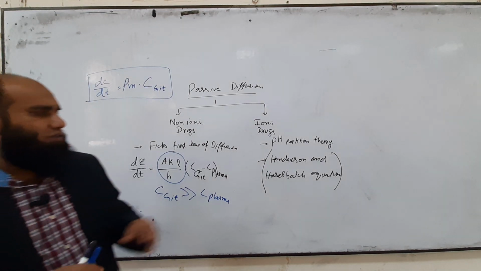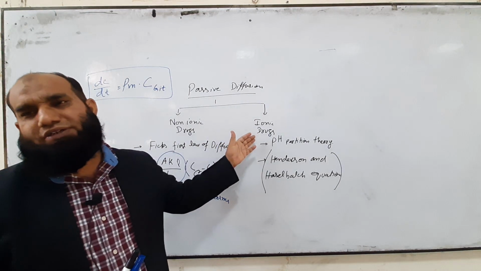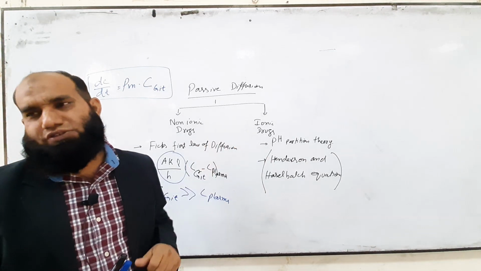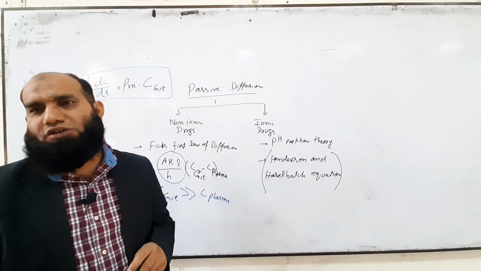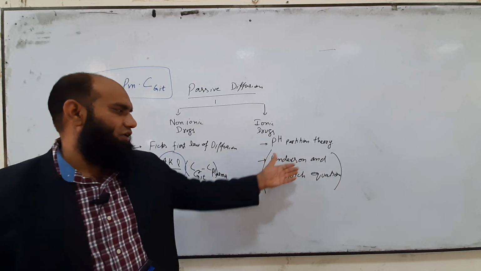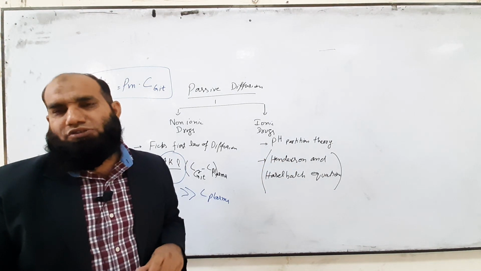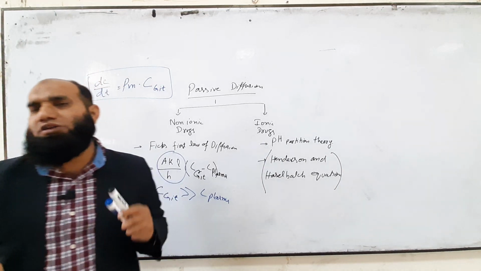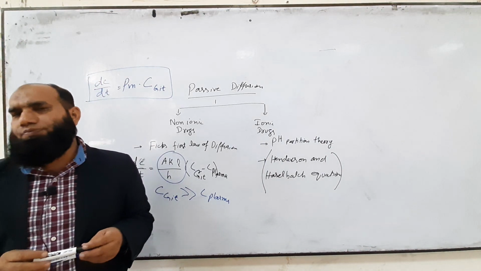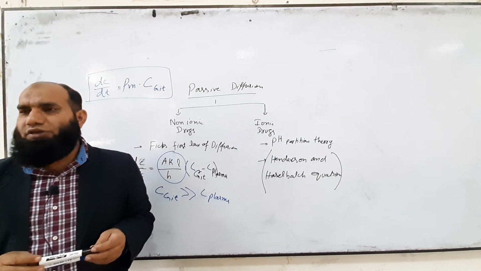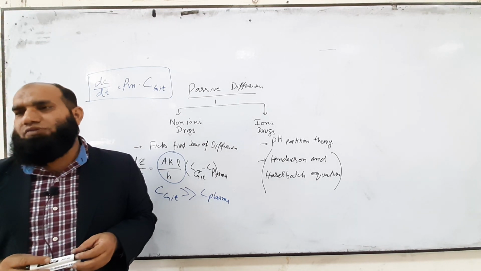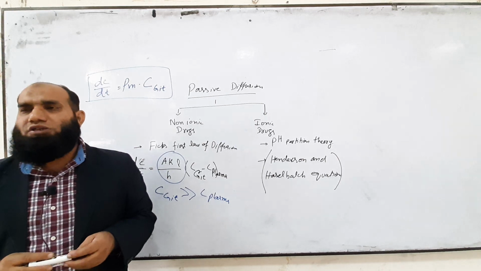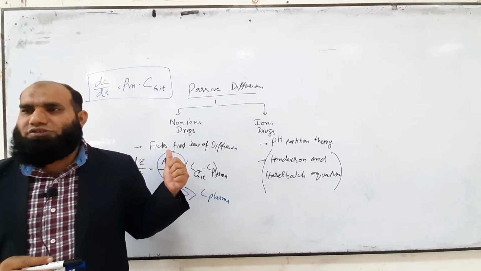Now coming toward another concept, for the ionic drugs, which is the pH partition theory, which we can say is the Henderson-Hasselbalch equation. This equation gives us the interrelationship of pH, pKa, and the log values of the ionic concentrations of the drug.